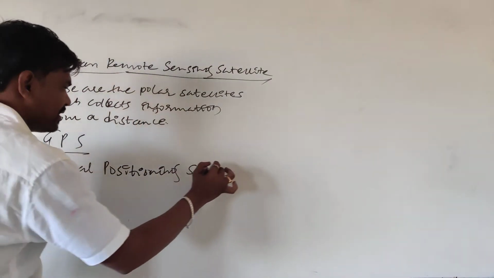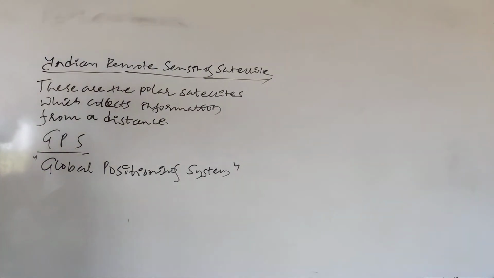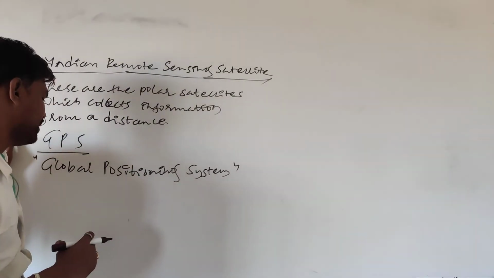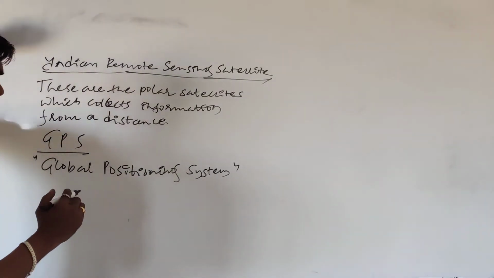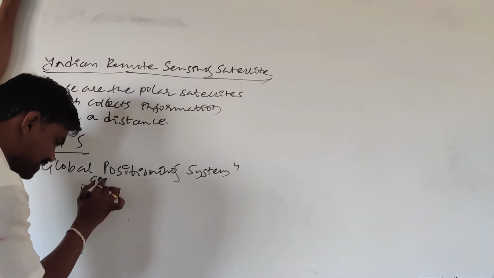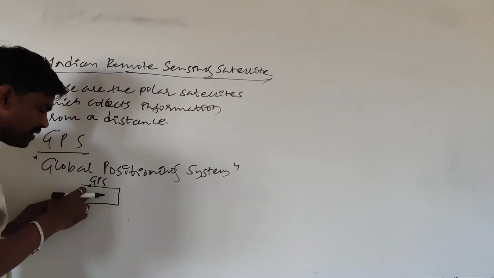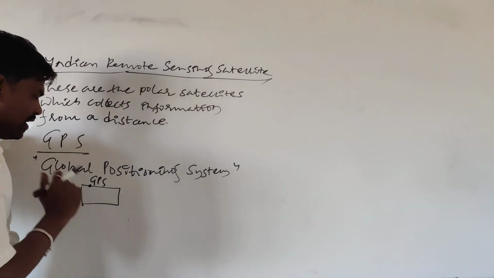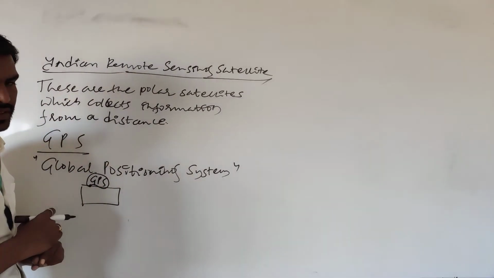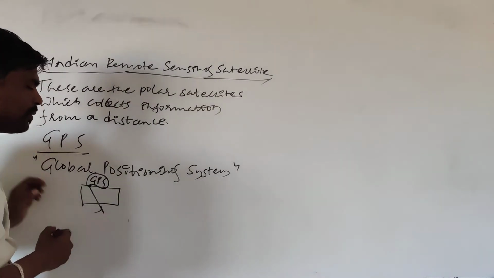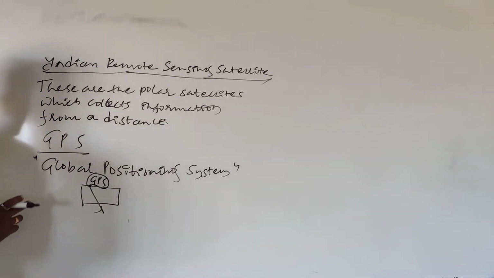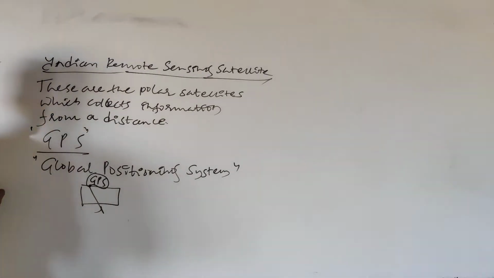With GPS we can know where we are. Suppose a vehicle, a car or bike, has a GPS connection, then we can identify where the car or the vehicle is. That is the global positioning system, GPS.